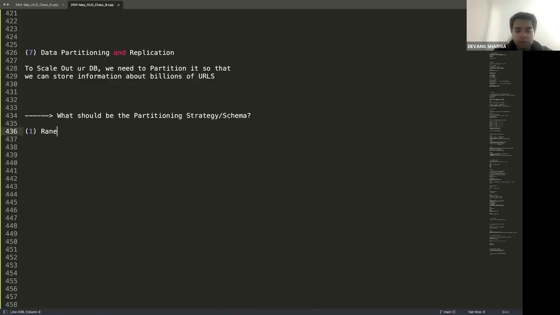If I go with the range-based one, range-based partitioning, it means my short URL contains 6 to 8 characters.